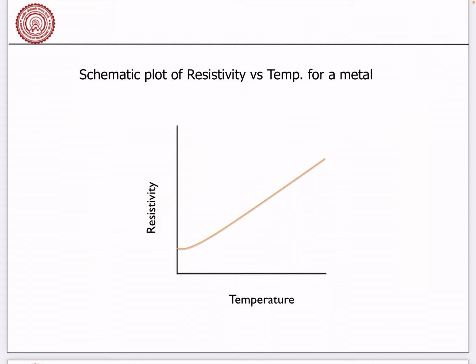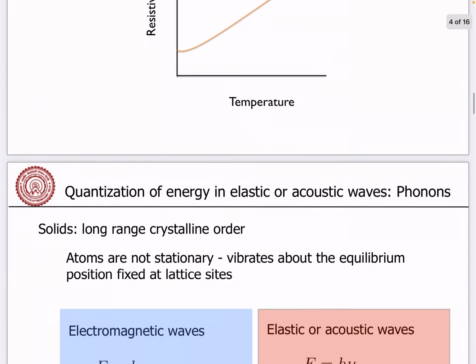So what is that physics? It turns out that again this temperature dependent increase of resistivity is due to the interaction of electrons with phonons. Okay, so that means it's an important aspect to understand the physics of solids and related electronic behavior.